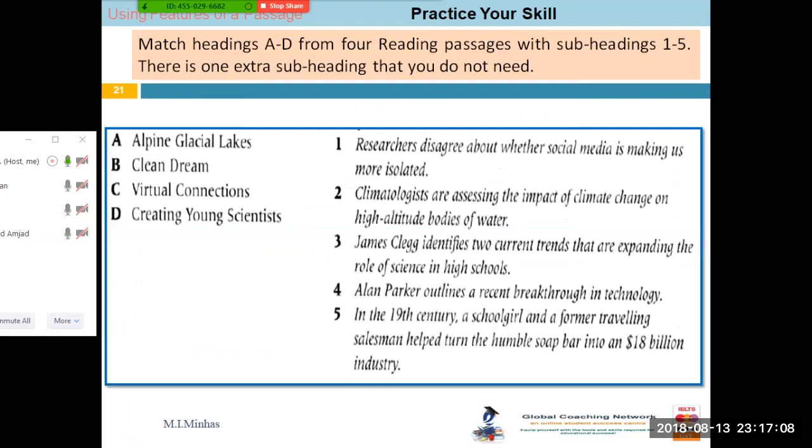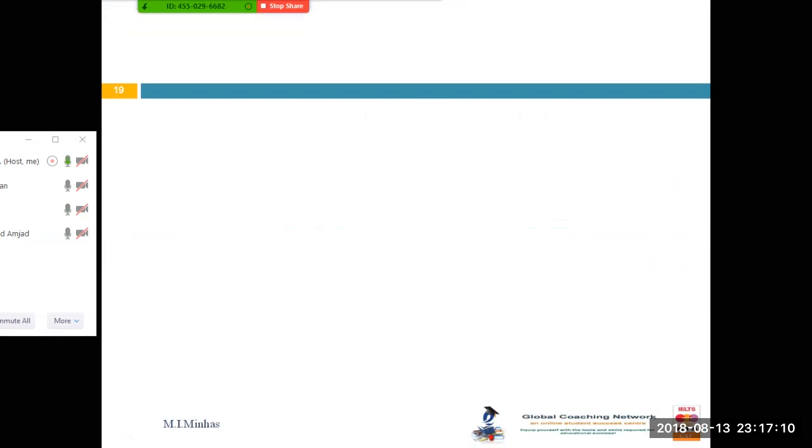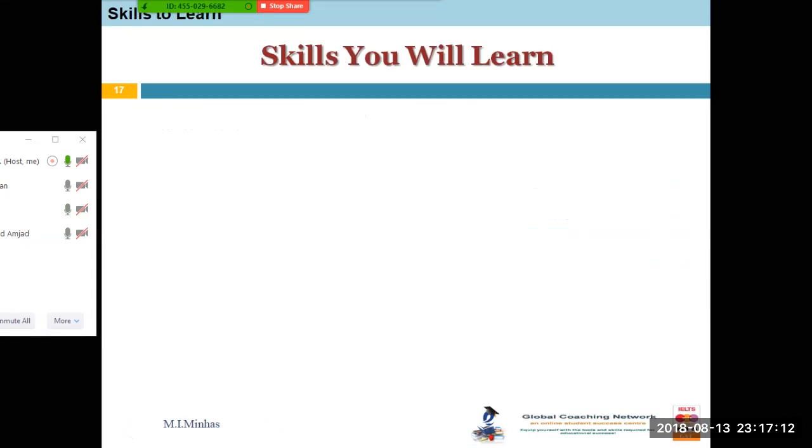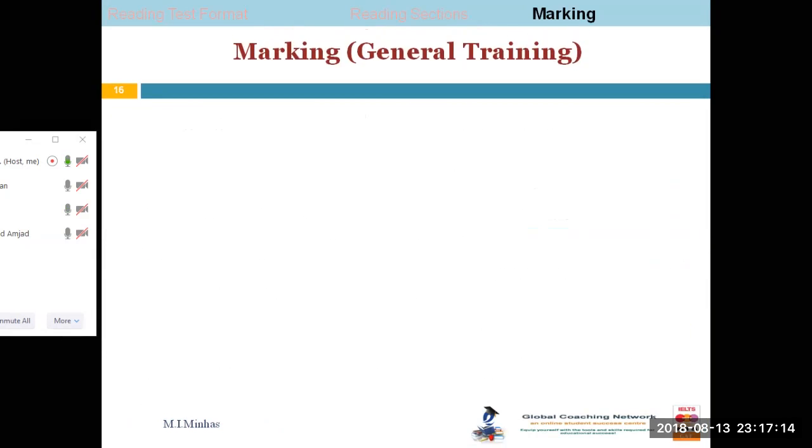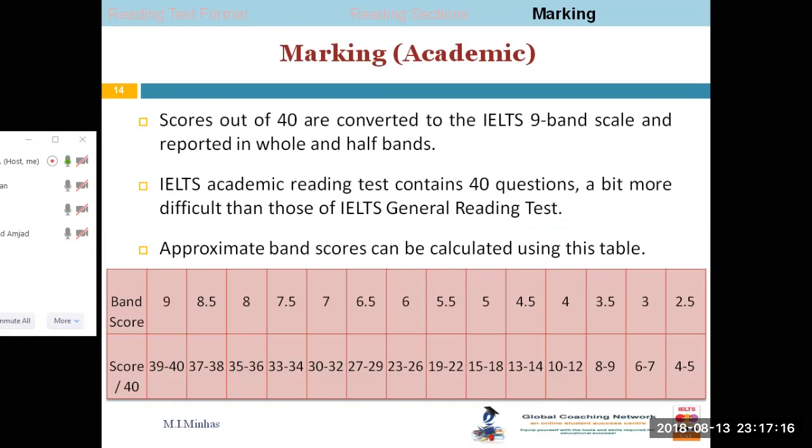So today I just tried to introduce the format of the test and how to fill in the answer sheet. If you are new to IELTS, filling in your name and other details becomes tricky. I also told you the features of a passage: heading, subheading, footnote, explanation just after a difficult word, explanation around the difficult word.